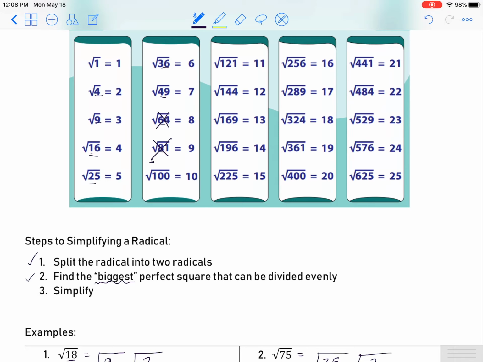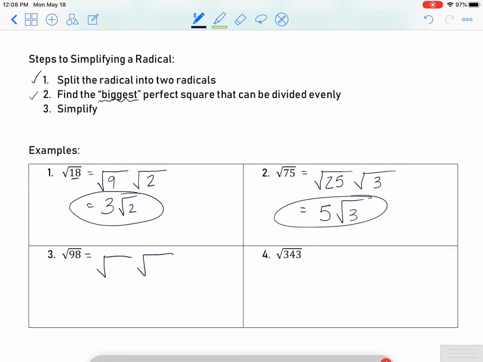And then just keep going through until you find the one that works. So I did 98 divided by 49, and I got 2. And I know that the square root of 49 is 7, and the square root of radical 2. So there's my final answer.